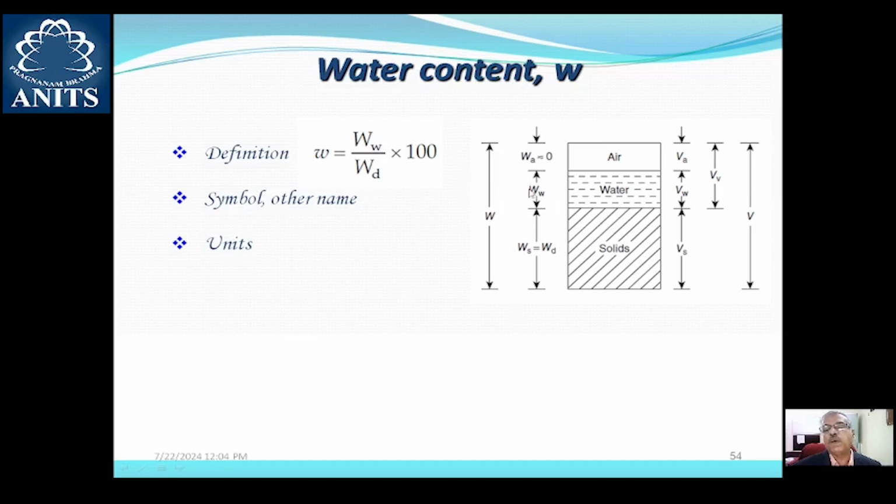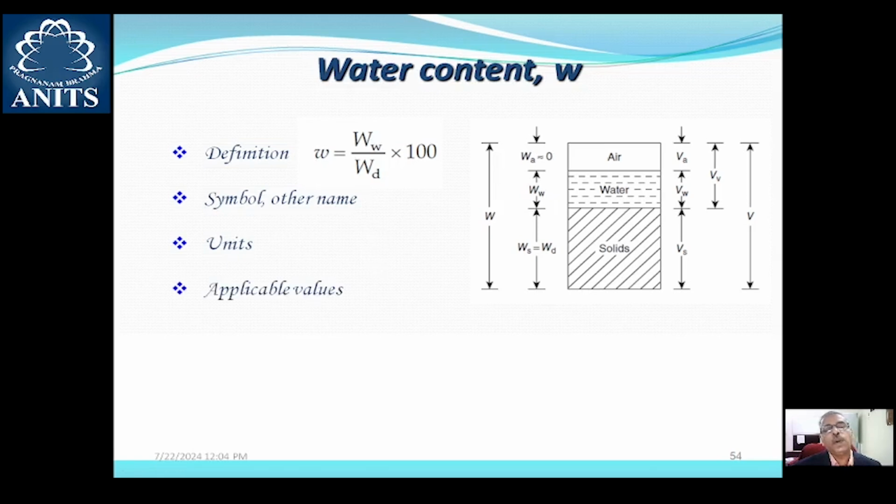So the weight of water divided by weight of the dry soil or weight of solid particles is referred to as the water content. Because it is a ratio of weights, it has no units but is usually expressed in terms of percentage.